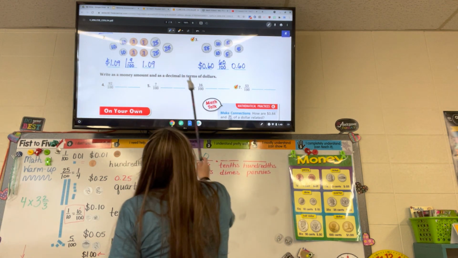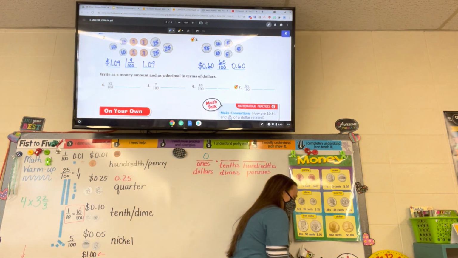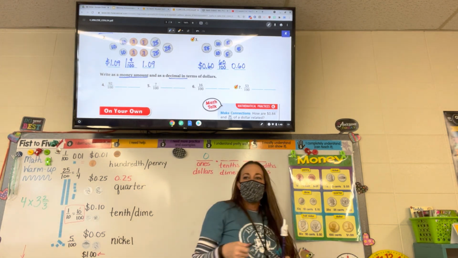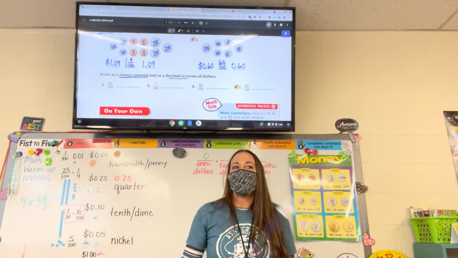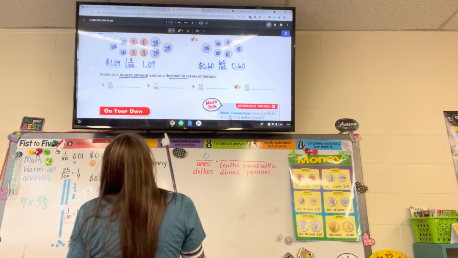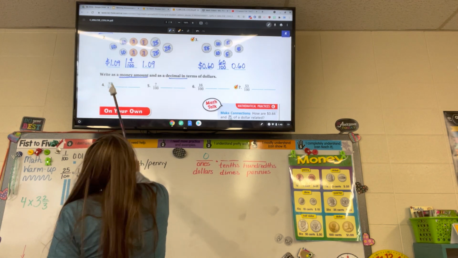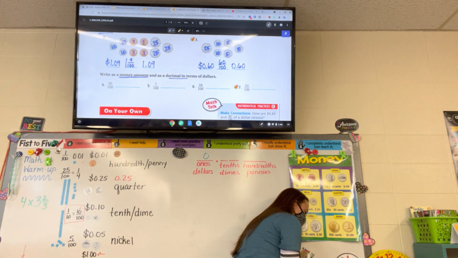Okay. Write as a money amount and a decimal in terms of dollars. So these two answers are going to be exactly alike, with the only difference being one will have a dollar sign, one won't.